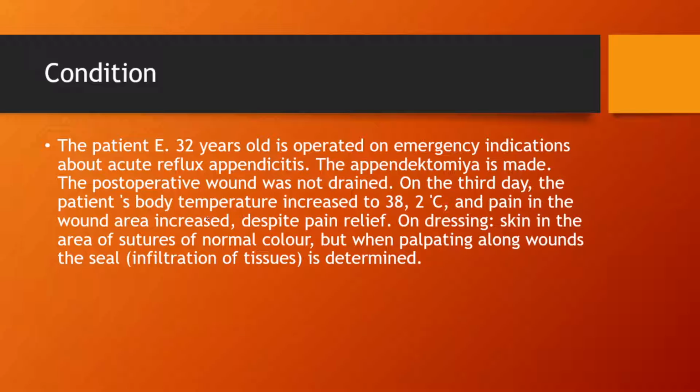Despite pain relief, on dressing, the skin in the area of sutures is normal color, but when palpating along the wound, a seal, infiltration of tissue is determined. What complication developed? What actions will you take to help the patient?